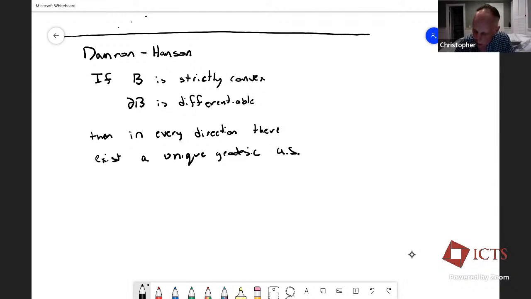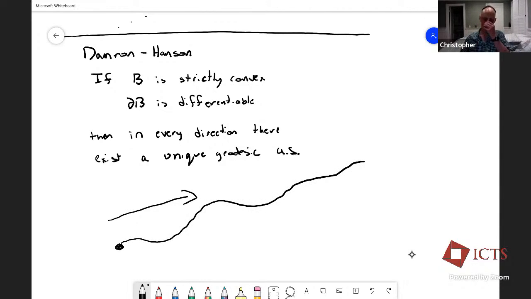So if I choose some vector here, and I choose a point, then I can find a geodesic here, which, when I scale it, is asymptotically going in this direction. There's going to be one such geodesic, and it's going to be coalescing. At every point in the plane, it will eventually join up with this.